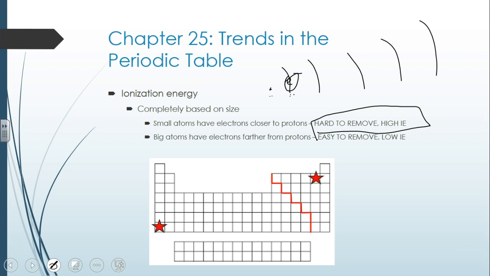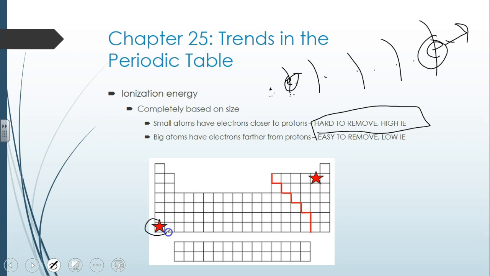And then the opposite is true. If we have an electron way out here, this electron isn't attracted as much to the nucleus, and it becomes easier to remove, and it has a low ionization energy. So the bigger the atom, the smaller the ionization energy.